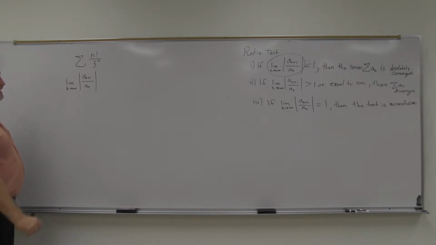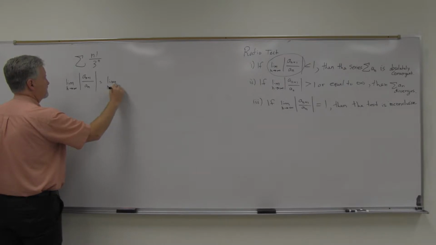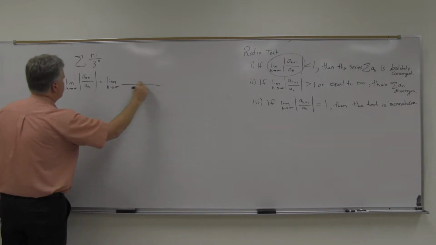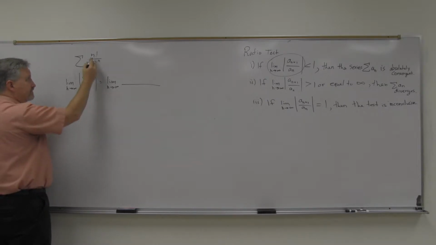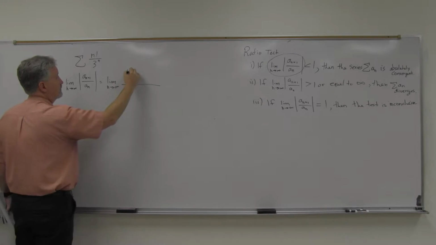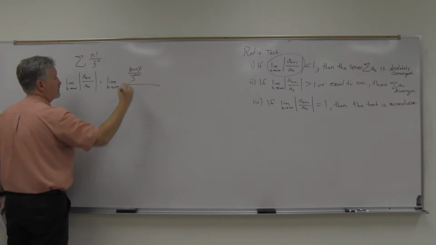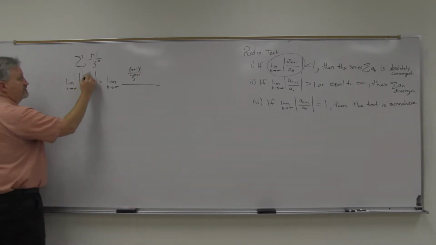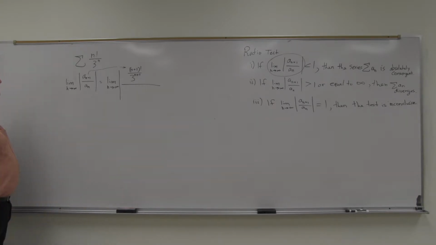Well, what does that mean? In this case, the a sub n plus 1 term is just plugging in n plus 1 for n there. So it'd be n plus 1 factorial over 3 to the n plus 1. That's what a sub n plus 1 is, the absolute value.